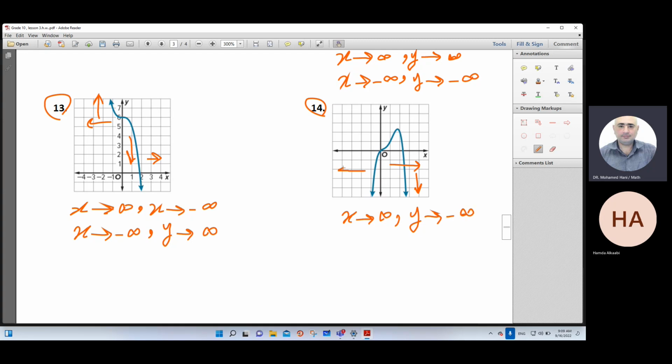And when you go left here, X will be decreased. And Y also will be decreased. Who has any question? Clear for all?